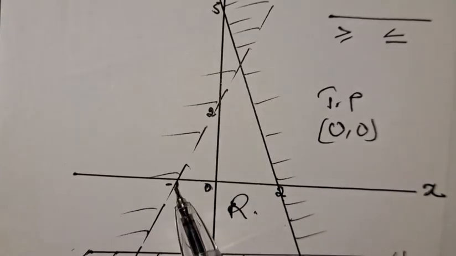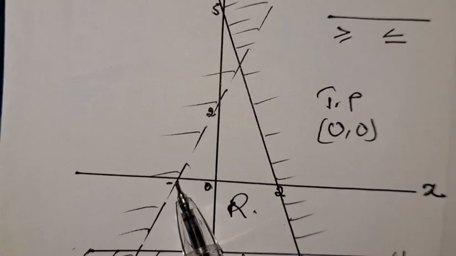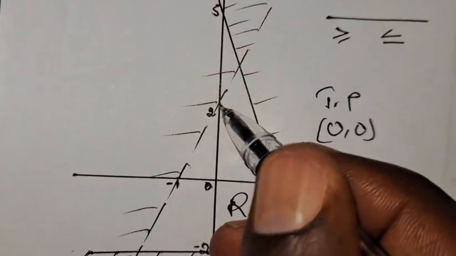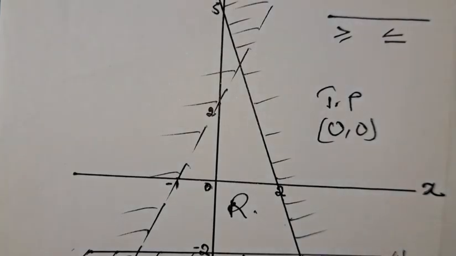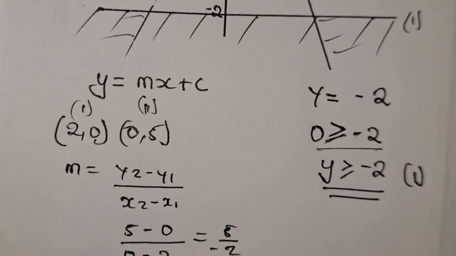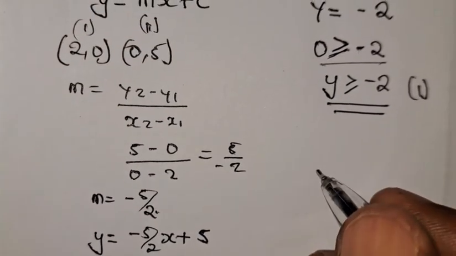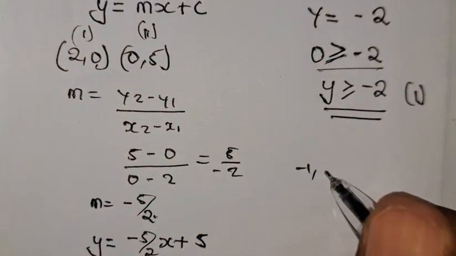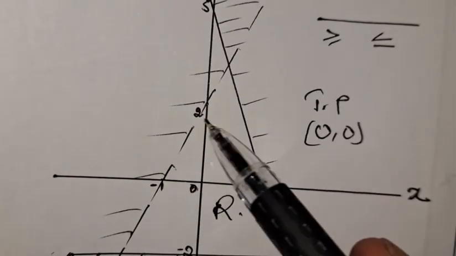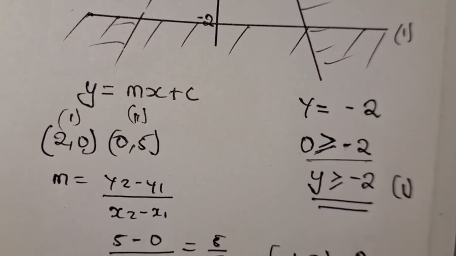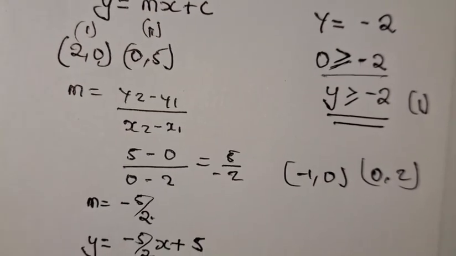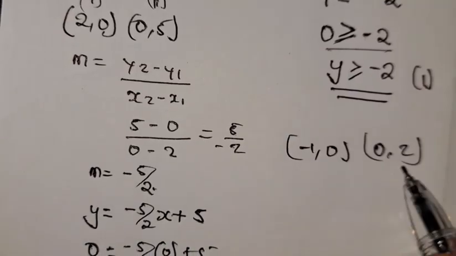So I have this one, which is -1, 0, and this one is 0, 2. So I have -1, 0, and then 0, 2.